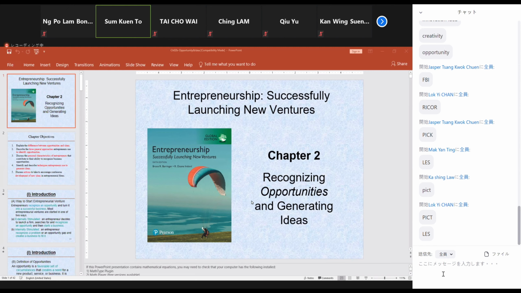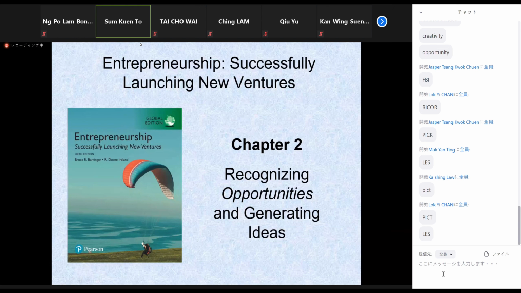And the whole chapter 2 is talking about two of the RECALL, which is O and I. All right, and here comes chapter 2. Okay, so you can see from here, chapter 2 has two parts. The two parts are recognizing opportunity and generating idea.